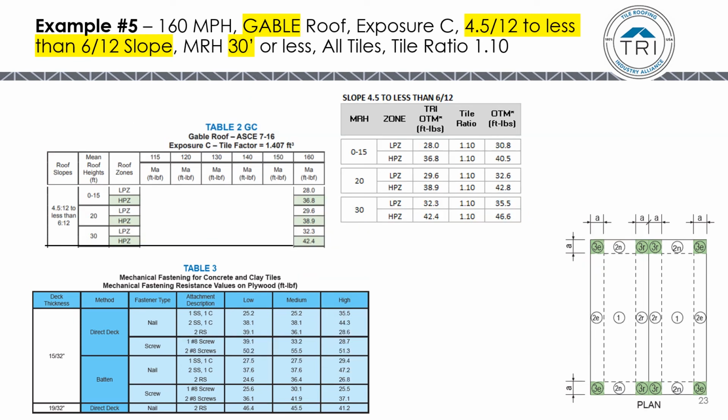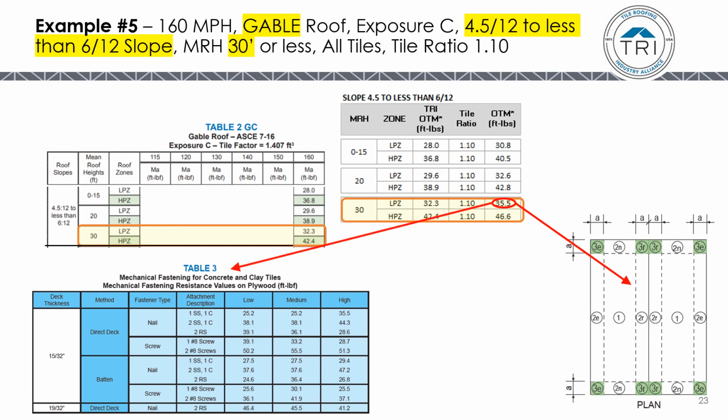In example 5, we'll stay on gable roofs, but we'll go to a 4.5 on 12 slope to a less than 6 on 12 slope, 30-foot mean roof height. We take a look at table 2 GC and get our uplift moments from that table. We factor in the tile ratio, and then we look at the low pressure zones.